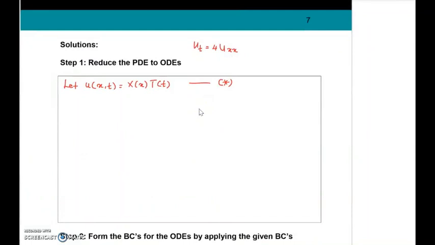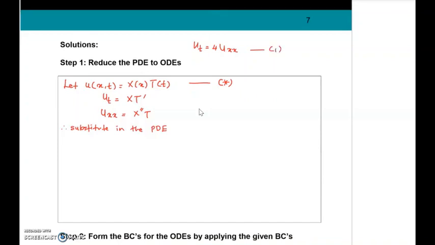First of all, we need to get u_t. We differentiate the right hand side of the equation with respect to t, so we have X T prime, and in the heat equation we also have u_xx, so we have X double prime T. Therefore we substitute in the PDE, the given heat equation, which I'm going to call equation 1.